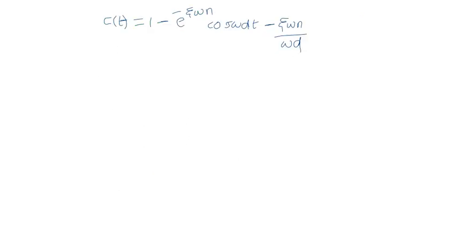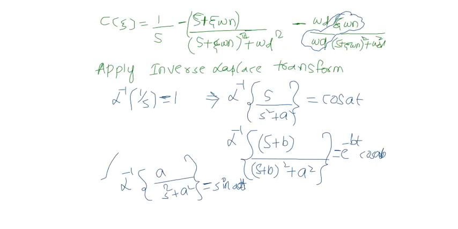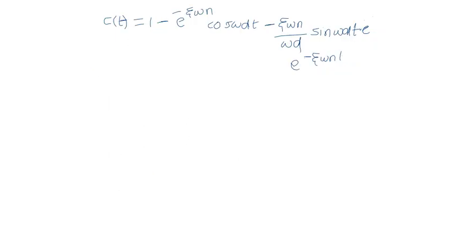Then the equation becomes sin omega d t into e power minus zeta omega n t, because here also in place of s we are having s plus a, that's why we are getting the e power minus zeta omega n t. So this is the equation we are getting.